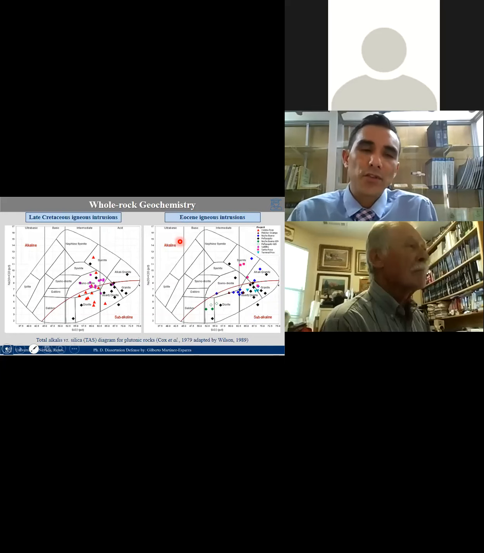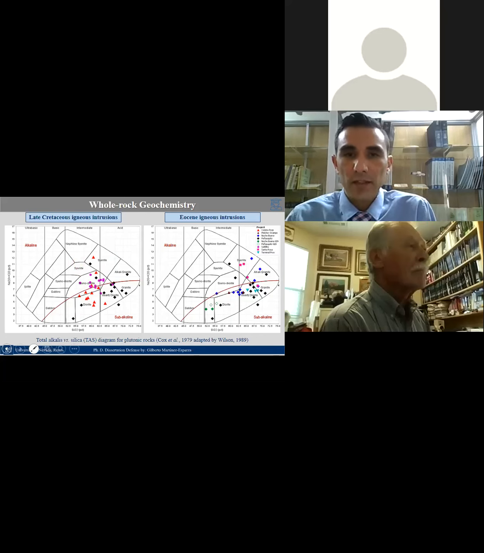For the whole rock geochemistry interpretation, we can divide the samples in order to see the best behavior. The late Cretaceous intrusions, including Camino Rojo and Saltillito, show that the main chemical composition is intermediate, classified as diorite or quartz diorite, although we have several samples plotted in the syenite field.